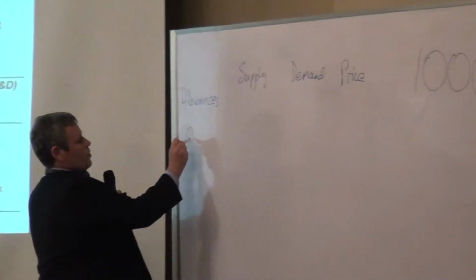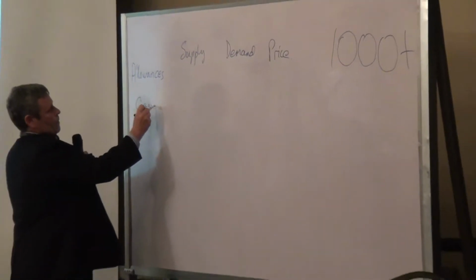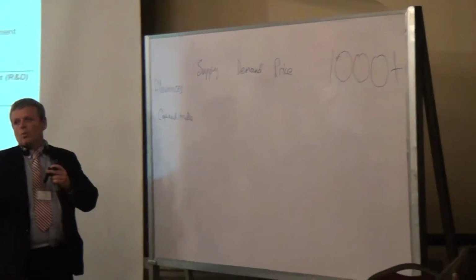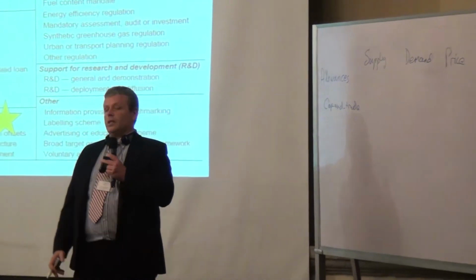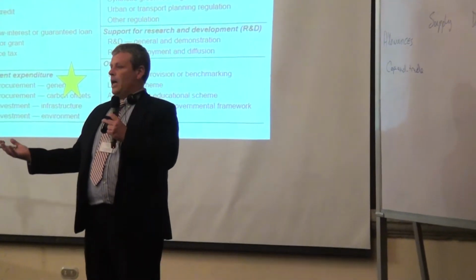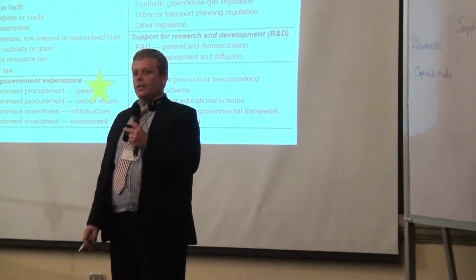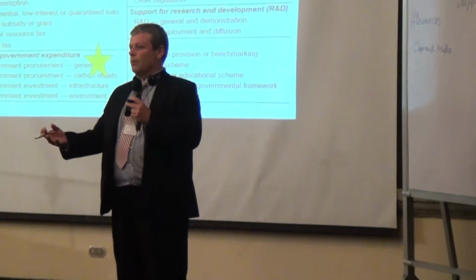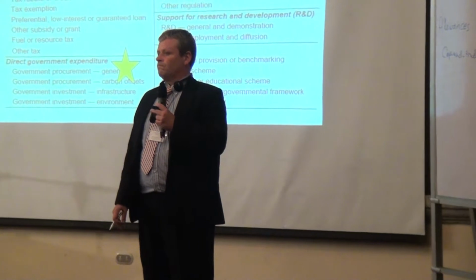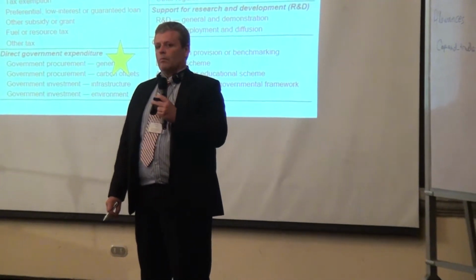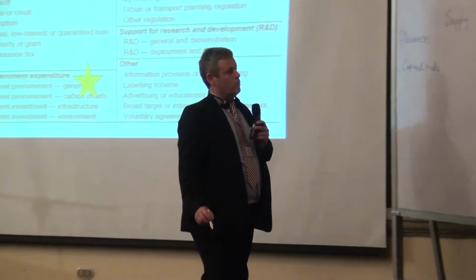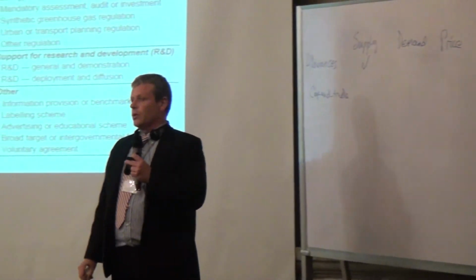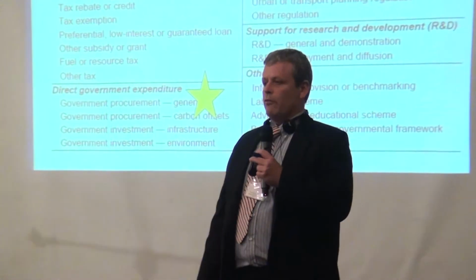So if we have cap and trade, cap and trade fixes what? Does it fix demand? Any suggestions? Does cap and trade fix price? Well, it fixes supply. We fix the supply of allowances. We say there's an absolute cap on the total volume of emissions.